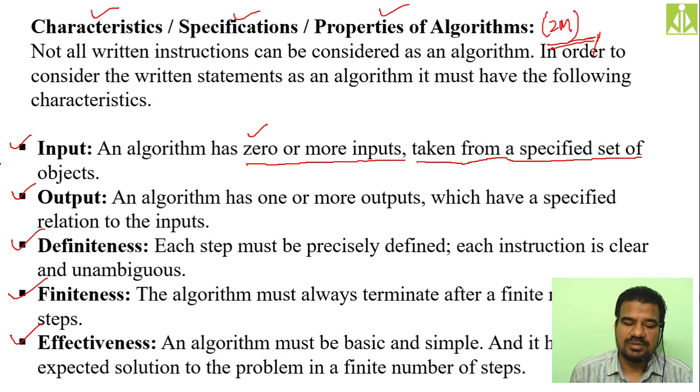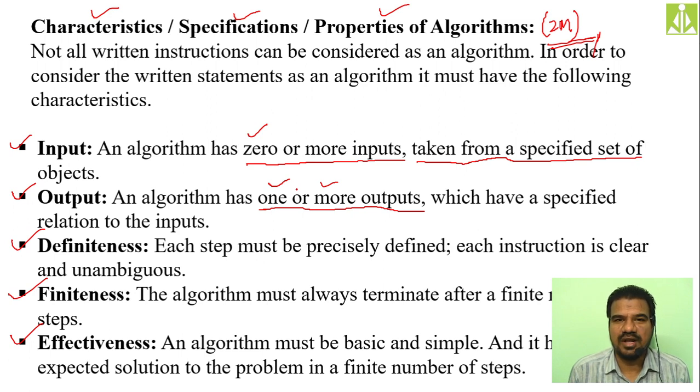Then we have the concept of output. An algorithm must generate not 0, but one or more outputs. When we said inputs, it is 0 or more, but for output, it must be one or more, because if the algorithm generates 0 outputs, for what purpose have you written the algorithm?